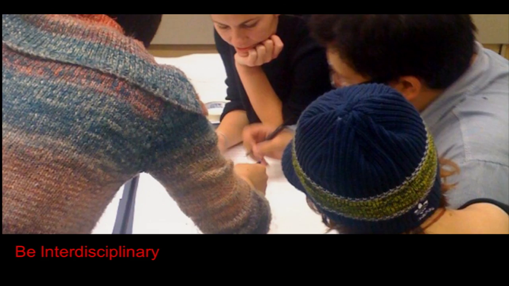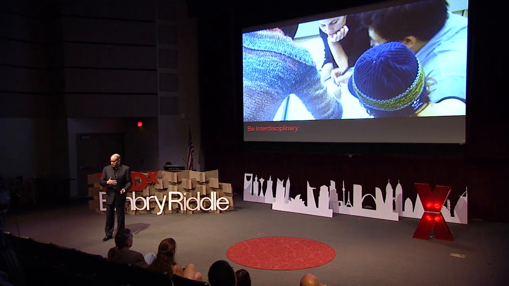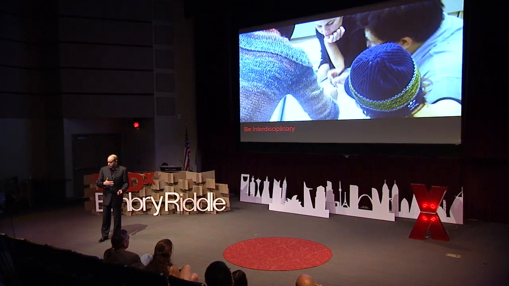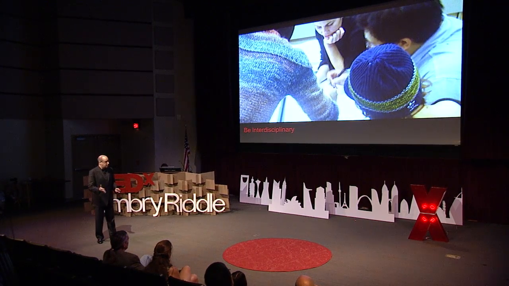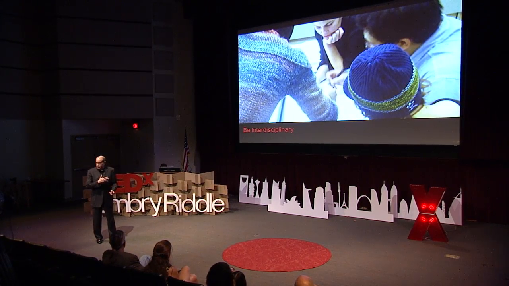Be interdisciplinary. Here, there is a landscape architect, a planner, an architect, some individual with a background in civil engineering. Why not have aeronautical engineers as part of this discussion?